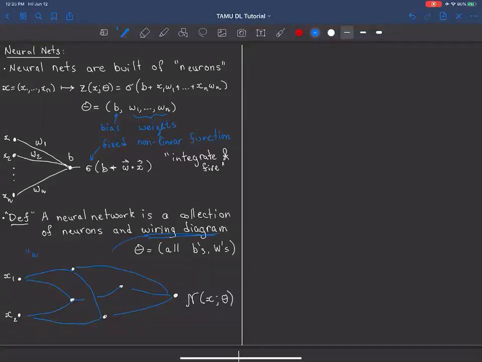This is called the architecture of the network. So when people say, I want to use a neural network, what they mean is they're going to fix an architecture, in other words, a wiring diagram for neurons. And then they're going to have a vector of trainable parameters theta that they're going to try to adjust to their data set. That's precisely what the neural network is doing.